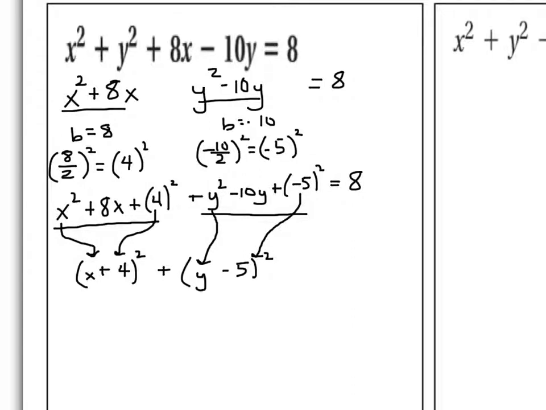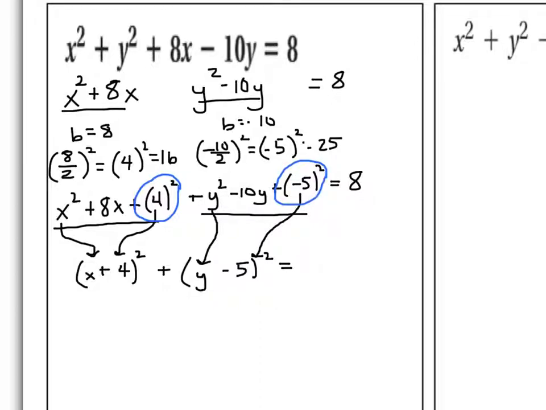Now, one thing we've got to make sure we do is, whatever we added to the left side, we do it to the right side. So I'm missing some things over here on the right. 4 squared is 16, and negative 5 squared is 25. So essentially, I've added 16 here and 25 here. Well, 16 and 25 is 41.